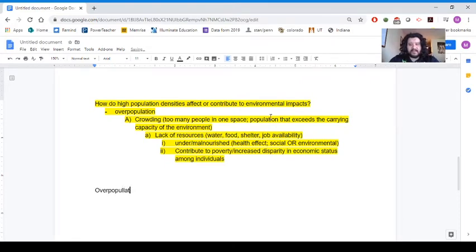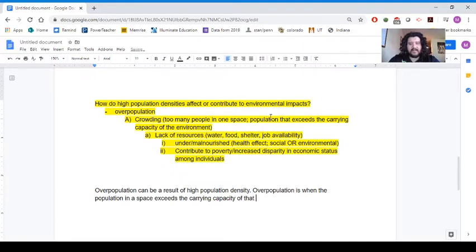Overpopulation is a result, or rather can be a result, of high population density. Overpopulation is when the population in a space exceeds the carrying capacity of that space.